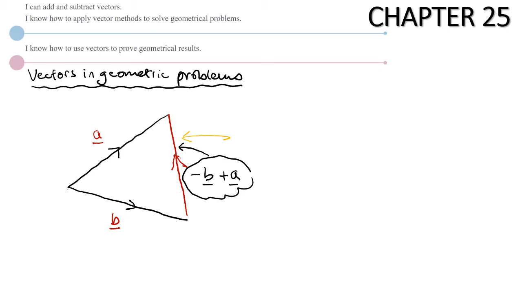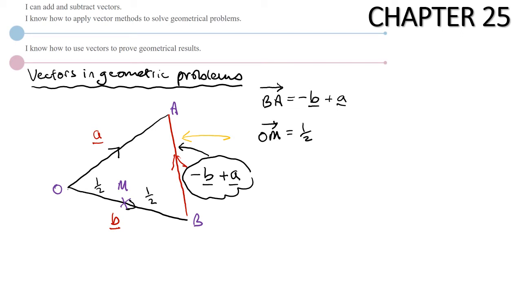If I had a point, let's put an X there, and let's say this point was halfway. Let's put some letters on this now. Okay, so if we go back to what we've just done, I just worked out the vector that takes me from point B to A. So the arrow shows that I'm doing that, and that was negative B plus A. Let's say I want a vector that goes from O to M. Now O to M is halfway.